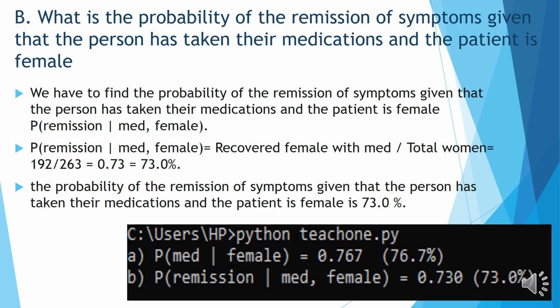We do this by dividing the number of women who recovered after taking the medication, which from the table is 192, by the total number of women who took medication, which is 263. When calculated, it turns out to be 73.0%. So the probability of remission of symptoms given that the person has taken the medication and is a female is 73.0%. On the right side, we have a Python code output.